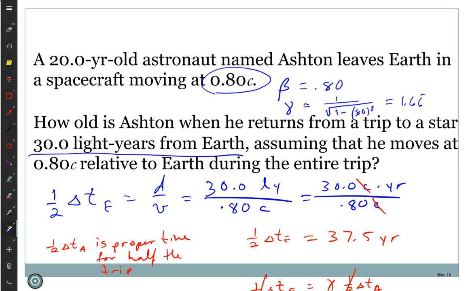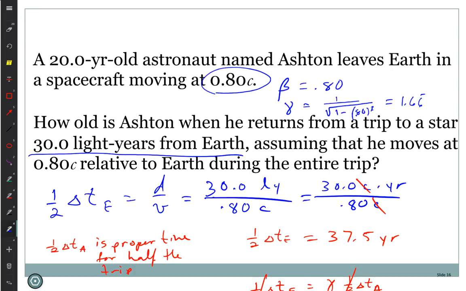The twin paradox says we have two twins, Ashton and Betty, and one of them is put in a spacecraft and travels out and back, and the other one stays on Earth. As they're traveling out, the person in the spacecraft, Ashton, says, I'm stationary and I see Betty moving really fast.